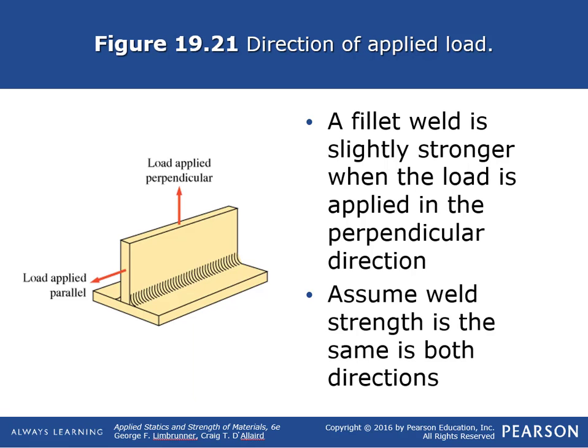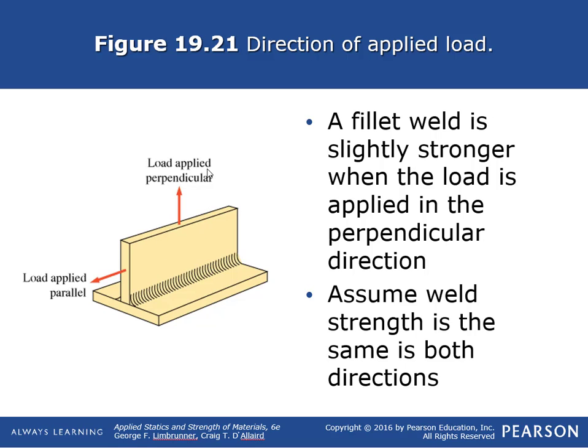This next slide talks about the strength of the weld. What this says is a fillet weld is slightly stronger in the direction where the load is applied perpendicular to the weld. That's this one right here. It's slightly stronger in this direction than it is in this direction. So in this unit, we're going to assume that those are the same.